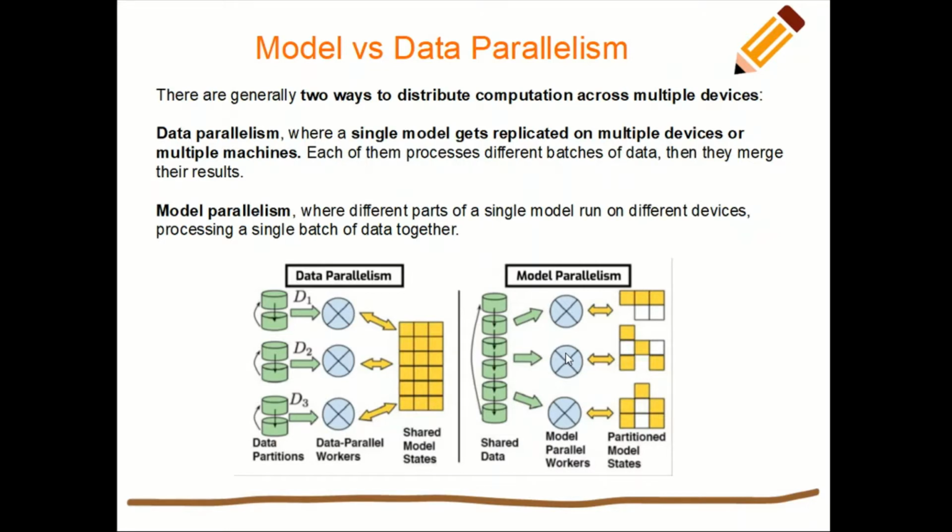In model parallelism, we have shared data and we split the computation. For example, if the model consists of multiple layers, then we do the computation for say layer 1 here, layer 2 here, and layer 3 here, or maybe we can do layers 1 and 2 here, 3 and 4 here, and 5 and 6 here, right?